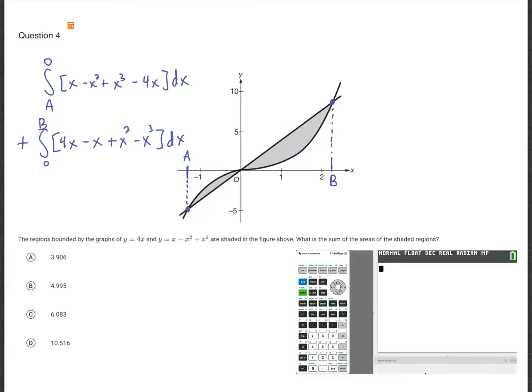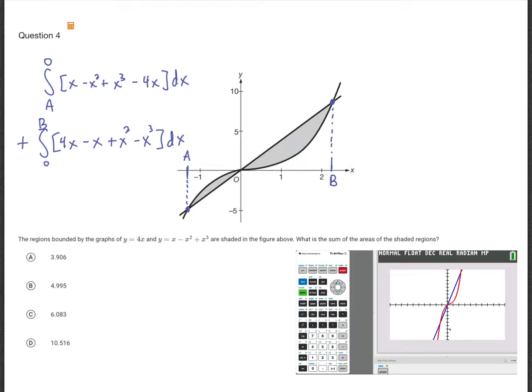We'll find those intersection points to get a and b, and then we'll get the area. Okay, so there's the graph. I'm going to change the window again to get this in a better view.